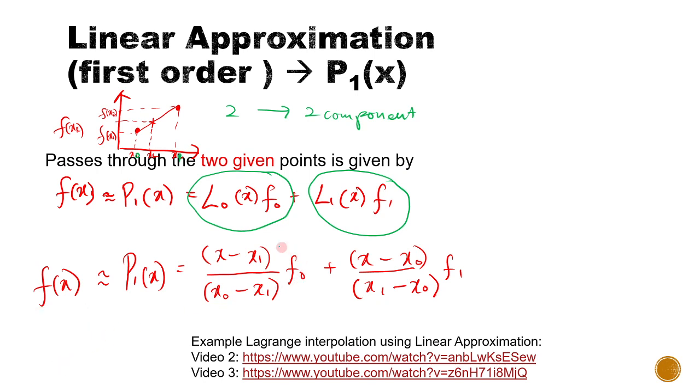Okay, at this point if you can see, at the first component we need to see the value of x over here. So the value of x that we want to look for minus the value of x1. If you don't remember, you can just look at the arrangement below.